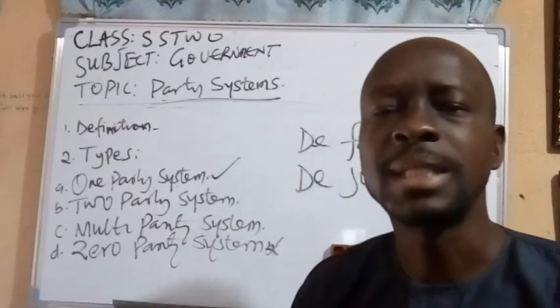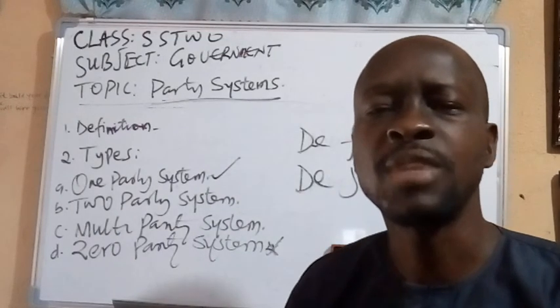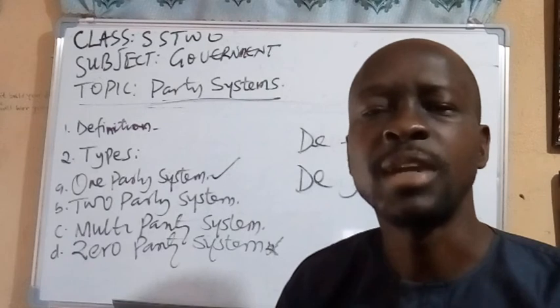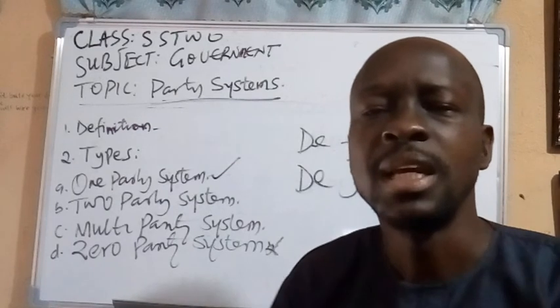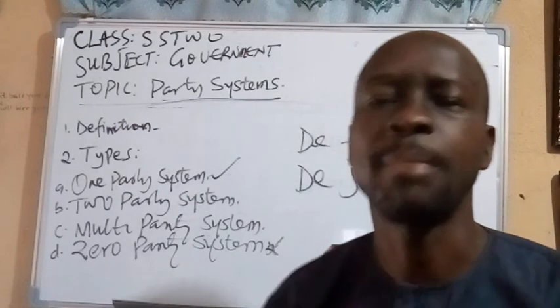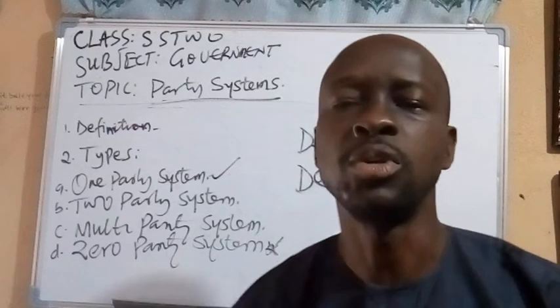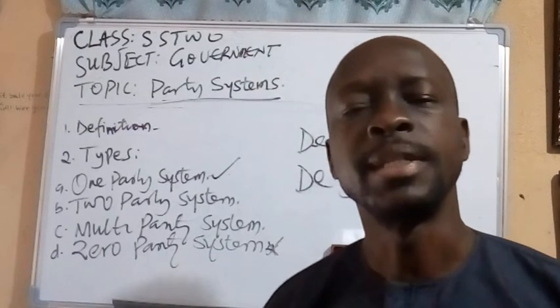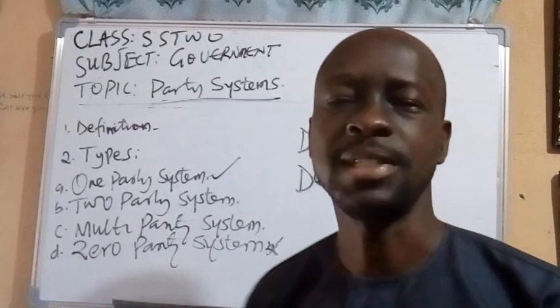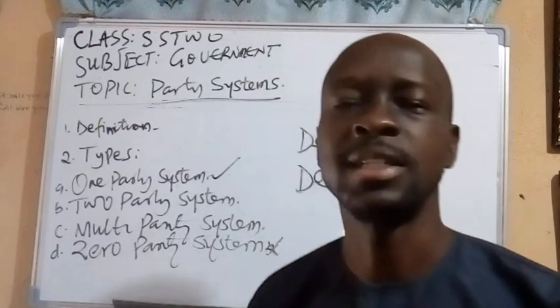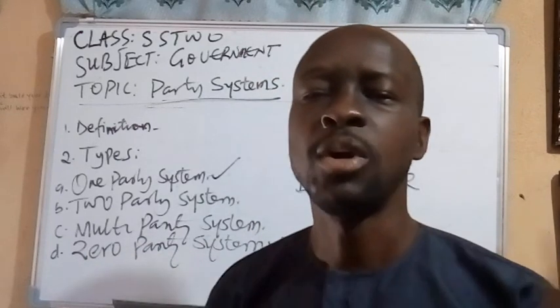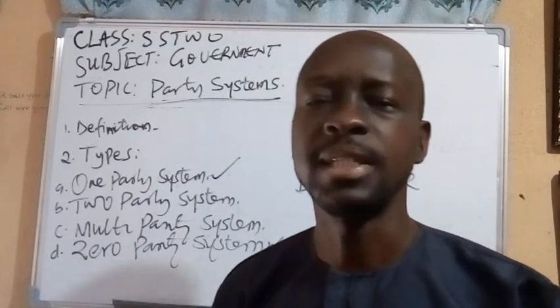It is a bigger party. It has built itself very strongly on a very good foundation, and for that reason it gets more support than all other parties. So it dominates the whole system. It is called the de facto one-party system, or the dominant one-party system.